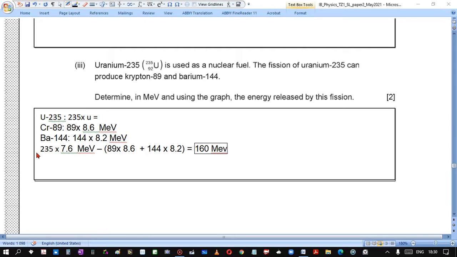So calculating binding energy before and binding energy after, we get a difference of 160 megaelectron-volts. So this energy is negative. This is why binding energy is actually increasing, and as a result energy is released.